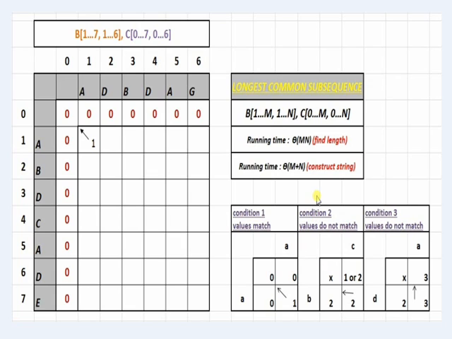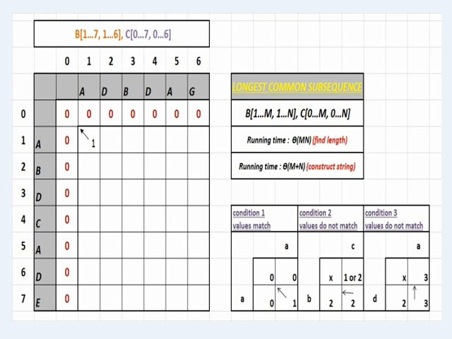For now we are seeing condition number 2, which says that if the value of the left cell of the current cell is greater than or equal to the value above the current cell, then we copy the value from the left cell into our current cell, the value which is highest among these two cells.